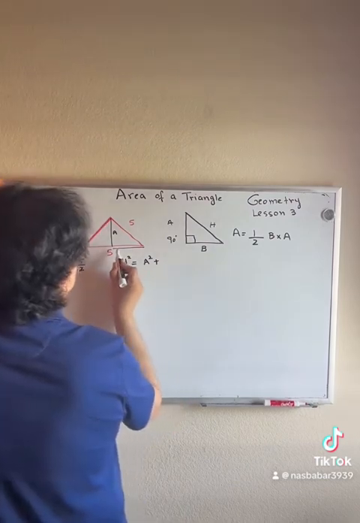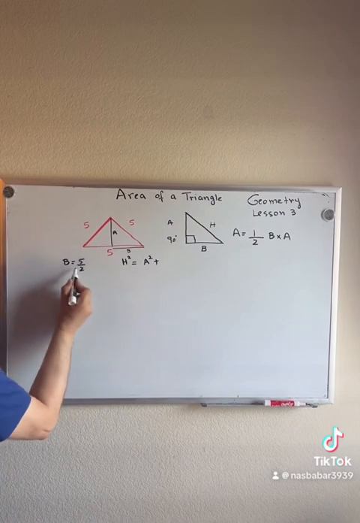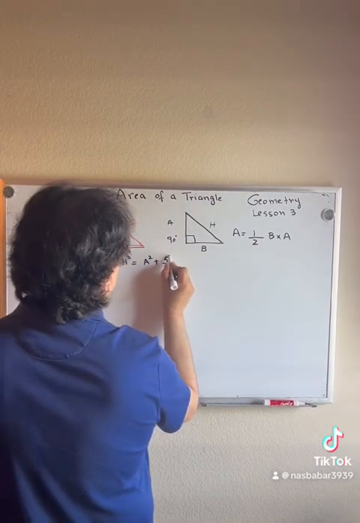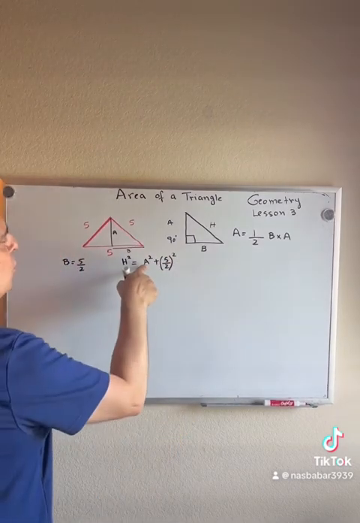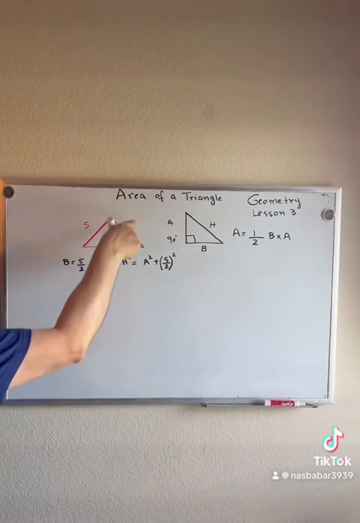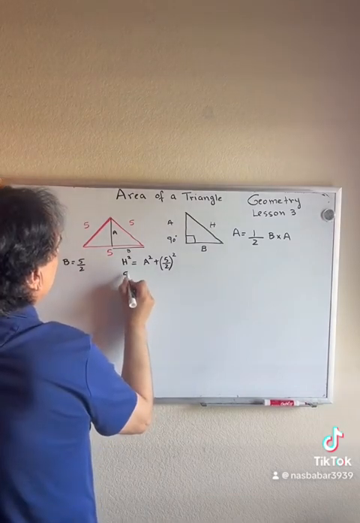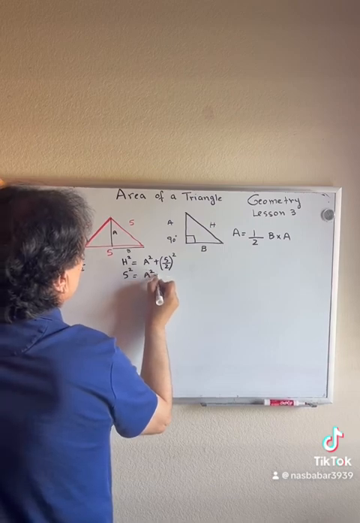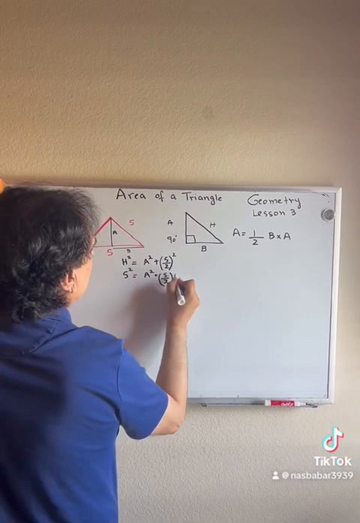This right here we already know, side B, which we just calculated, 5/2. So this is going to be 5/2 square. We don't know what A is, but we do know what the hypotenuse is, right? So we can do like this: 5 square is equal to A square plus 5/2 square, all right?